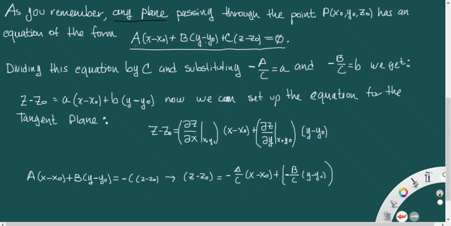Now if we get rid of this parenthesis here, we can have this as negative. So this is something like a divided by c times x minus x sub 0 minus b divided by c times y minus y sub 0.